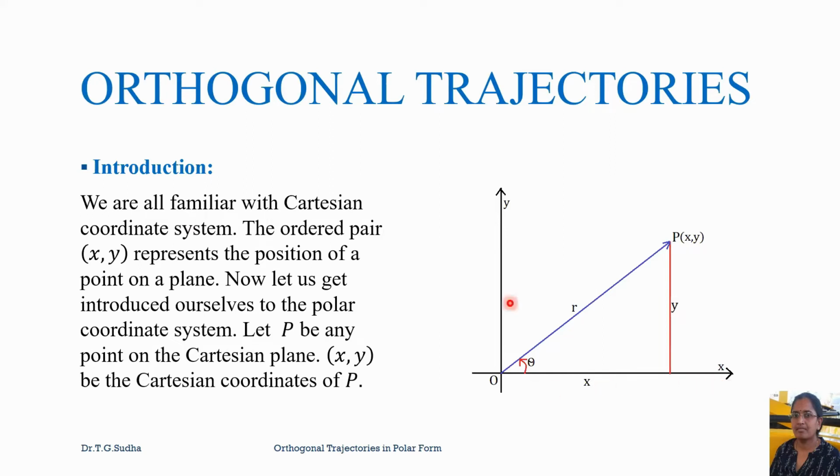This is the x-axis and this is the y-axis, and P is a point in the xy plane with the coordinates x, y. Therefore, this perpendicular distance will be y, and the distance from O to the base of the perpendicular is x, and from O to P it is r, and that is the radius vector, and this is the angle made by the radius vector with the positive direction of the x-axis. Here angle is measured in anti-clockwise direction.